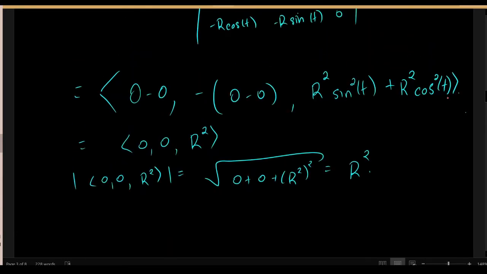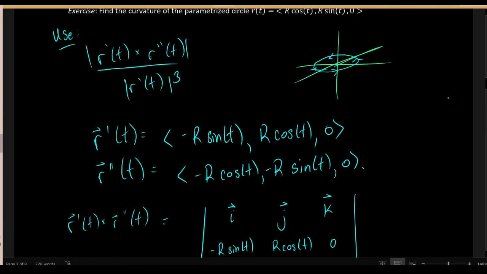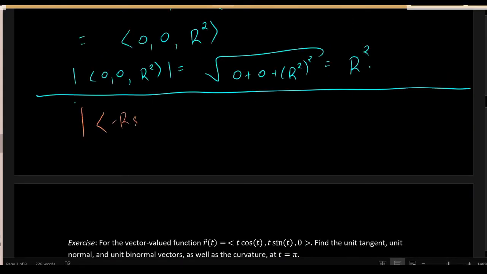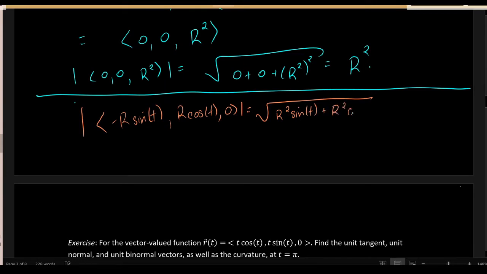Now let's finish the denominator, the length of r prime. If I calculate the length of the vector where we had negative r sine t, r cos t and 0, then I would be calculating the square root of the first component squared, r squared sine squared t, plus the second component squared, r squared cosine squared t.